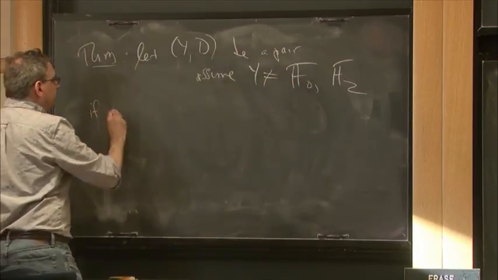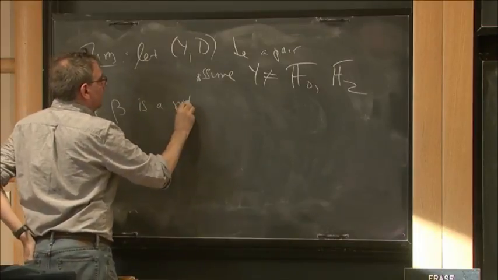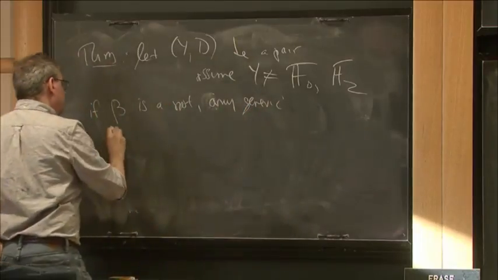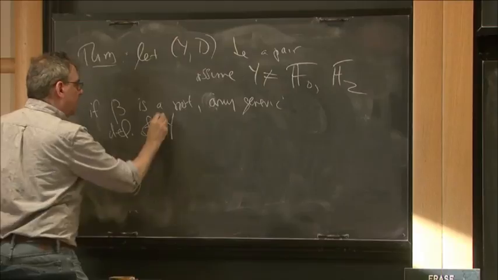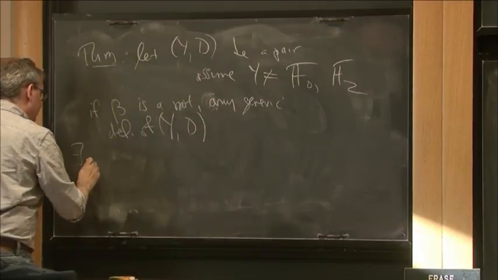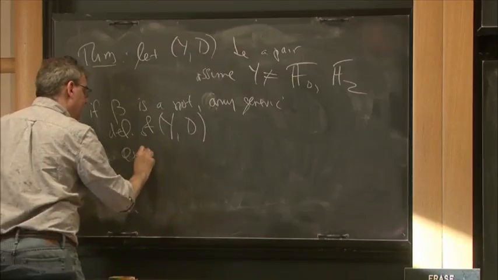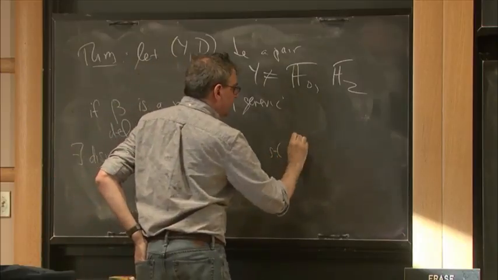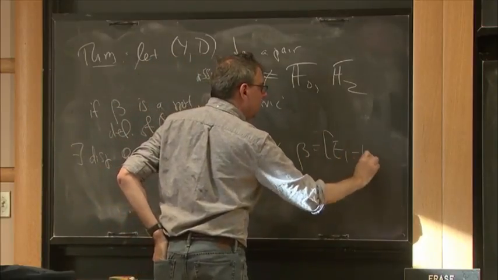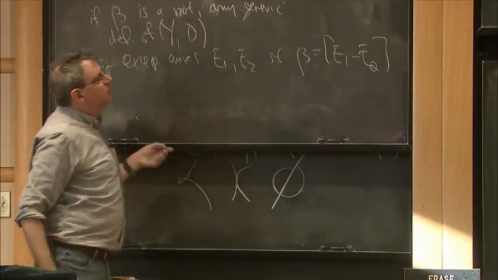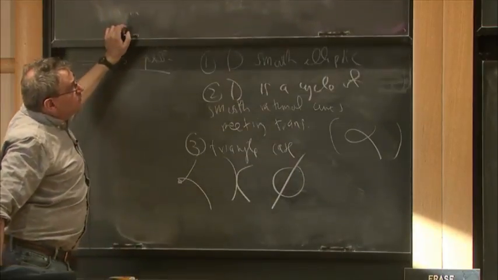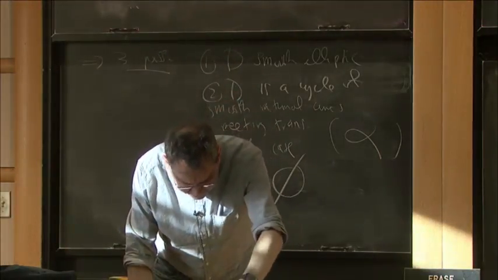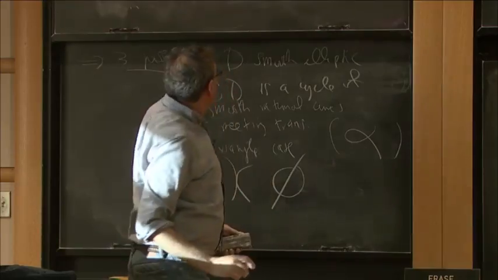If beta is a root, then for any generic deformation of the pair YD, there exist disjoint exceptional curves E1 and E2 such that beta is the class of E1 minus E2. So in some sense, the only roots that there are ones that you might guess. But the proof of this is kind of long and tedious. I don't really know a simple proof.